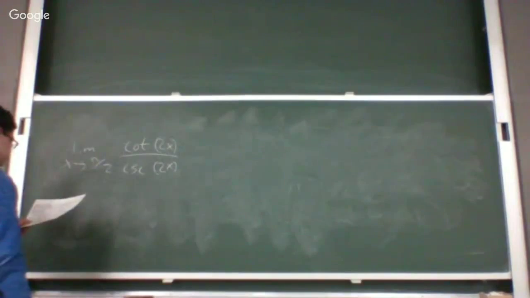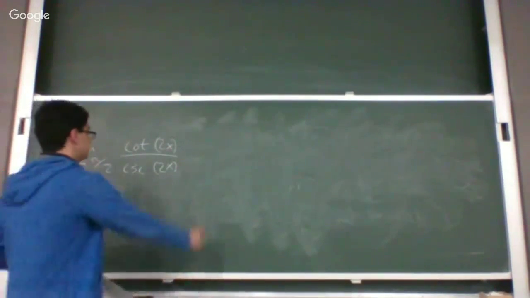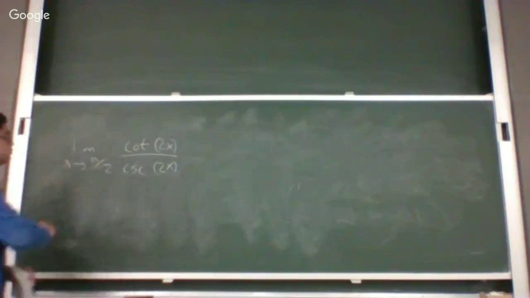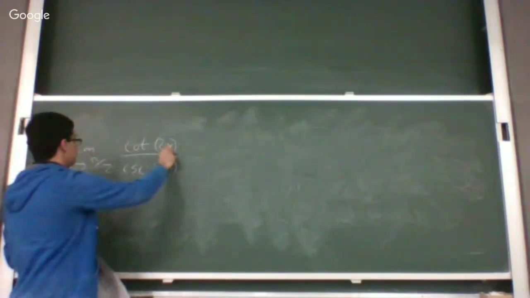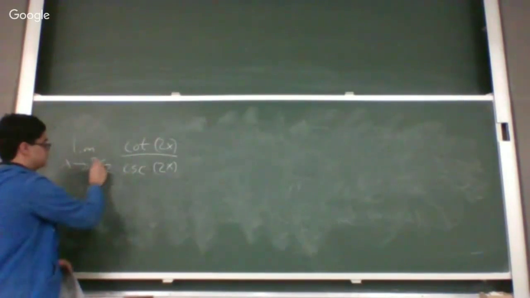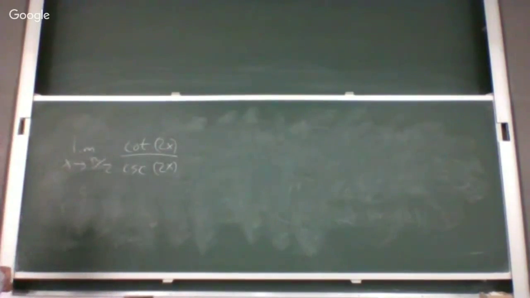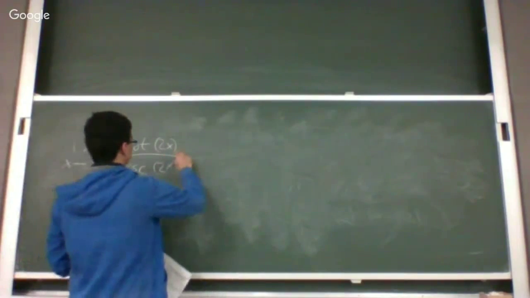Okay. So if we have pi over 2 here, we have cotangent of pi, which is 0 because sine of pi is 0. Let me write that down.